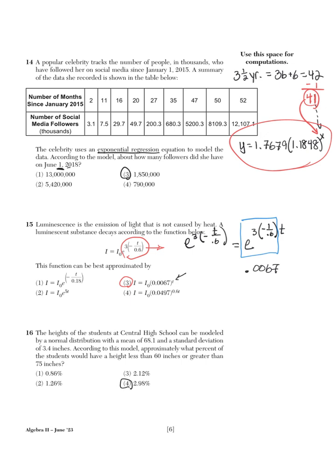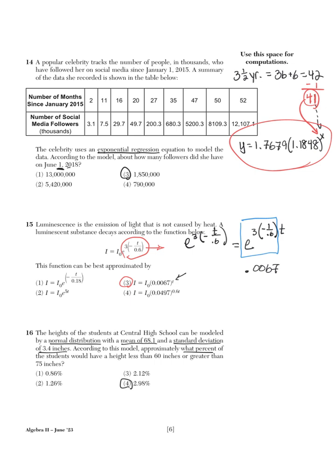The answer to number 16 is choice 4. This was a nasty question, I'm not going to lie. Like you saw from the other video, normal distribution, we have a mean, we have a standard deviation, and then they're asking for a percent. We know that's got to be normal CDF.